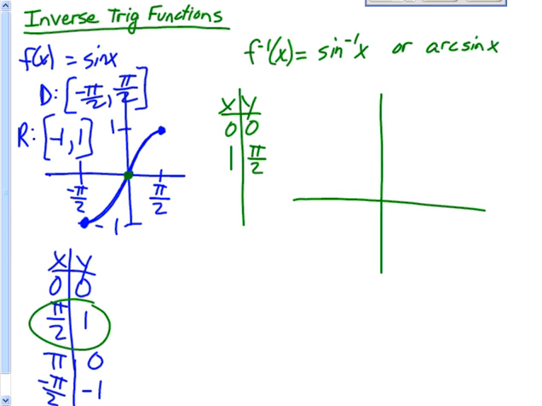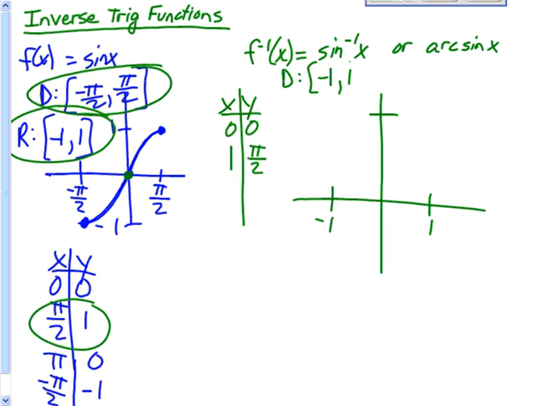Now you've got to think about this: the old domain is our new range, and our old range is the new domain. So the domain is now between -1 and 1.